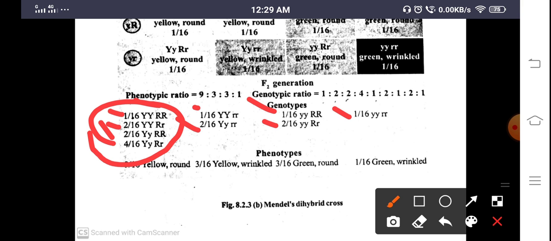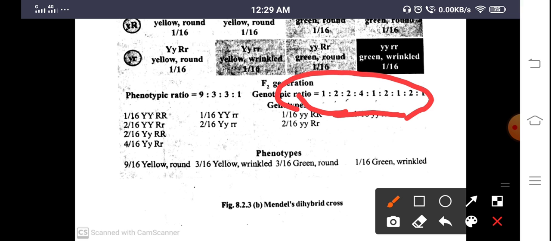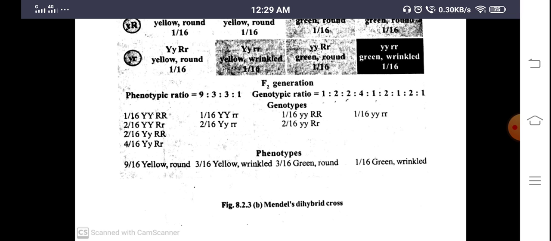So whenever anyone asks the question, what is the genotype ratio of a dihybrid cross, it is 1:2:2:4:1:2:1:2:1. This is the genotype ratio.